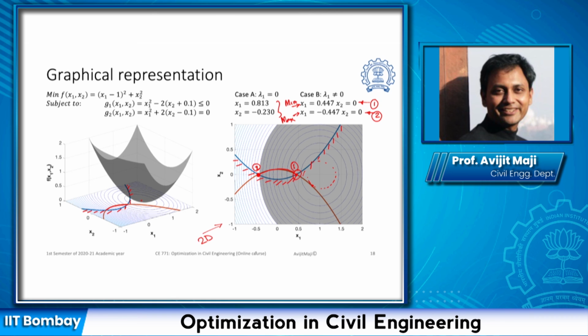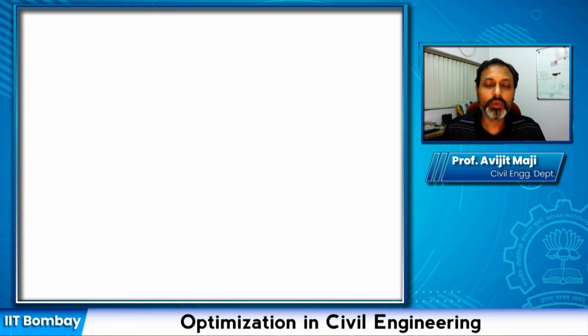Of course it is going to be difficult to visualize the solution if the number of constraints increases to more than 3. Well, in today's class we saw how we can use the Kuhn-Tucker conditions to solve multivariable optimization problems with inequality constraints.